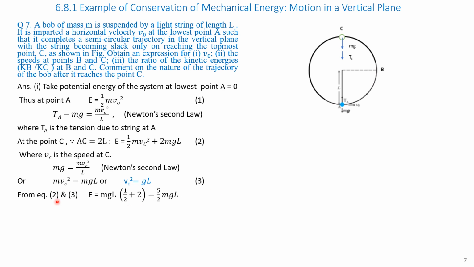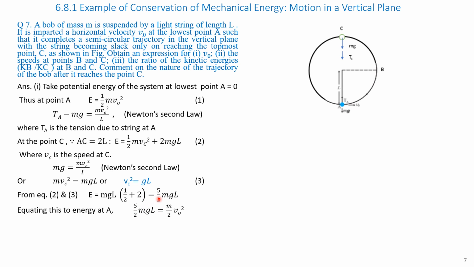Therefore, from equation 2 and 3, we get E is equal to mgL, taking mgL common, half plus 2, so E is equal to 5 by 2 mgL.